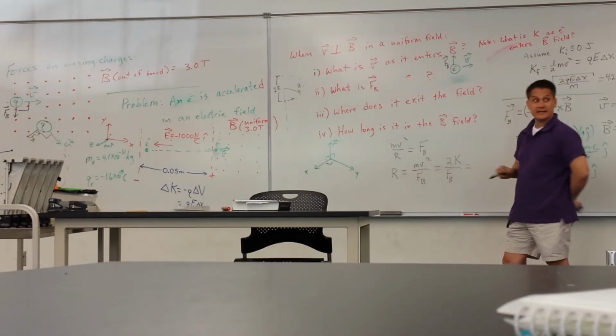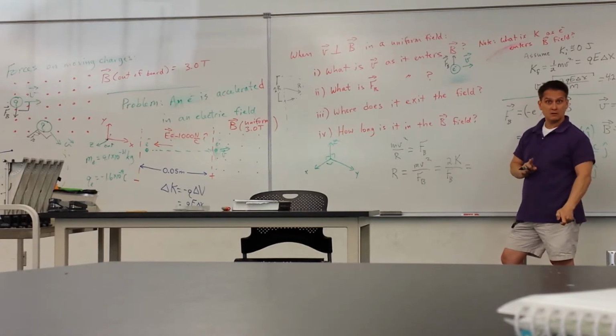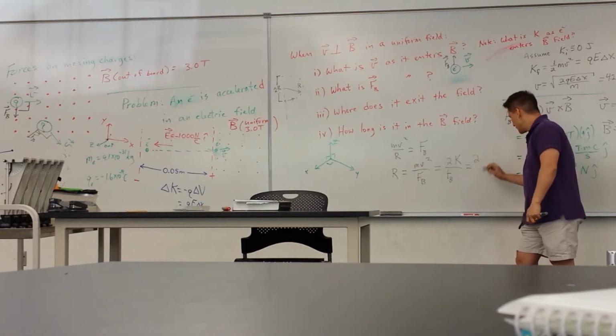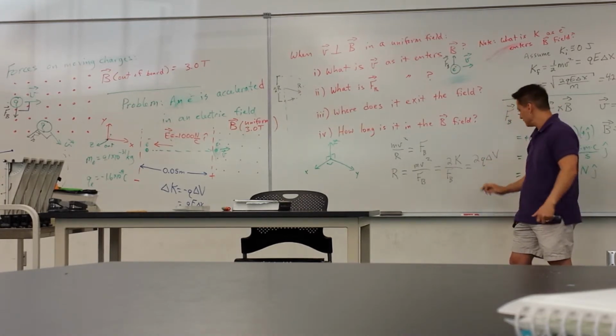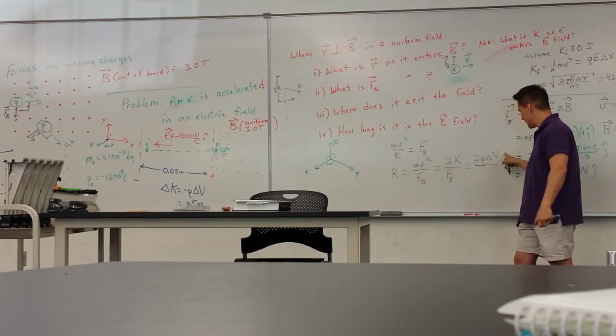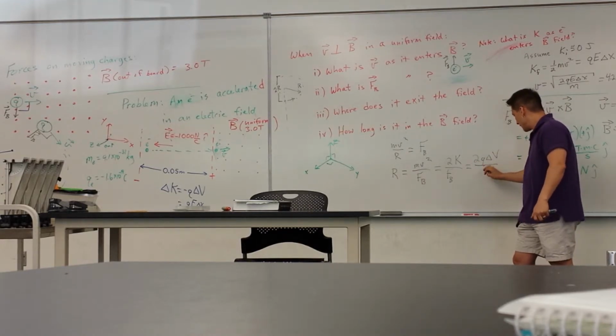And you already calculated the kinetic energy. Or, if you will, it's 2 times Q delta V when it was in the electric field, if you didn't calculate that piece, divided by FB.